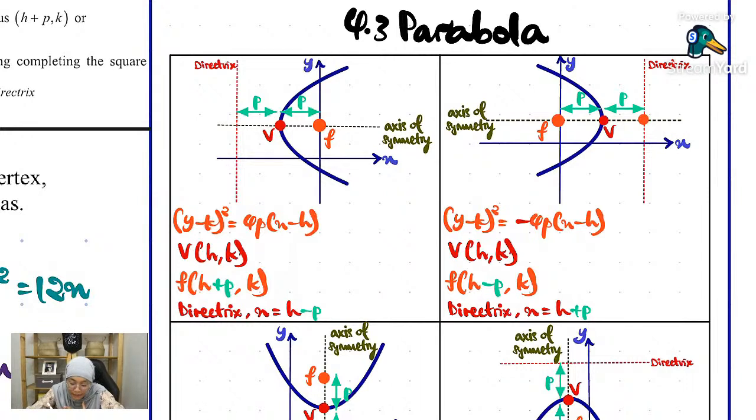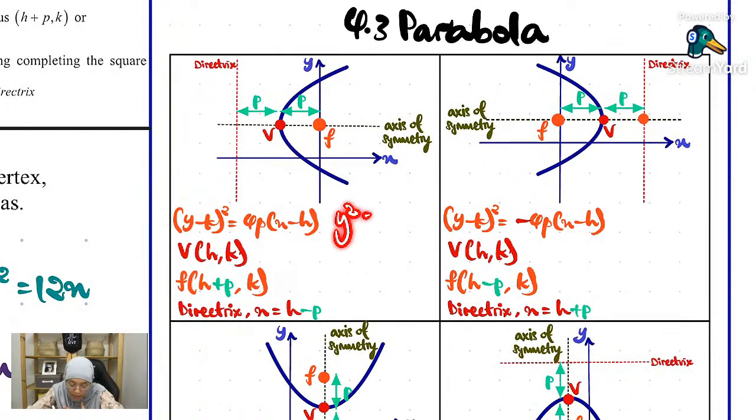Dekat sini adalah y squared bersamaan dengan x. If you are trying to ignore the p and the k and the h, try to ignore them first. Dekat sini saya nak ajar macam mana you guys senang detect ini equation apa. So I have a tips here lah.